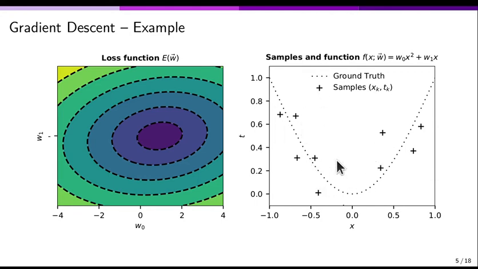I've randomly generated those training points based on this dotted line curve, plus some noise. So this is like trying to train a network to compute x squared, but I'm also including a bit of noise in the training data, just because in real life you might have noise in the training data.